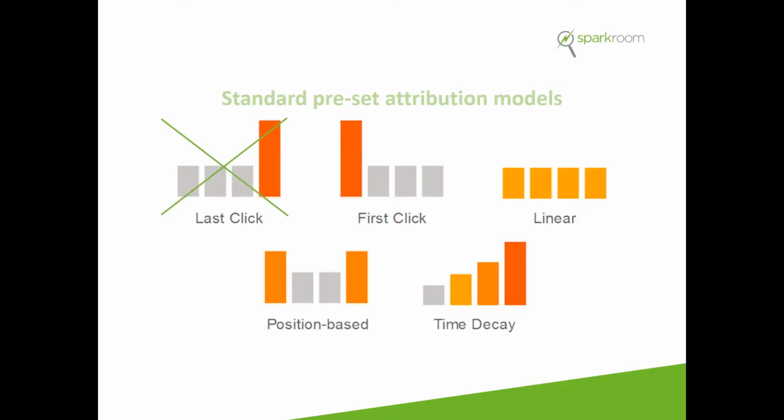Now, based on the definition, yes, you can apply these other standard models, time decay, first click attribution, linear, so you can assign value equally to all the touch points, or maybe most of it to the first touch point, or most of it over time. Those are good things to compare the results from, but based on the definition, also not good, right?